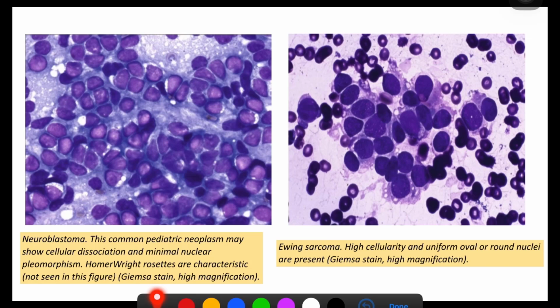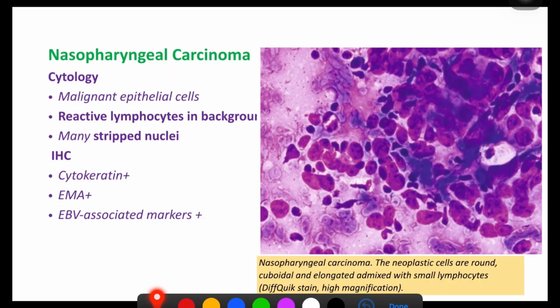Cytologically, if we see neuroblastoma, you find cellular dissociation with minimal nuclear pleomorphism, and Homer-Wright rosettes are seen, but it is not visible here, and it may be seen in cytology but very difficult to get it.